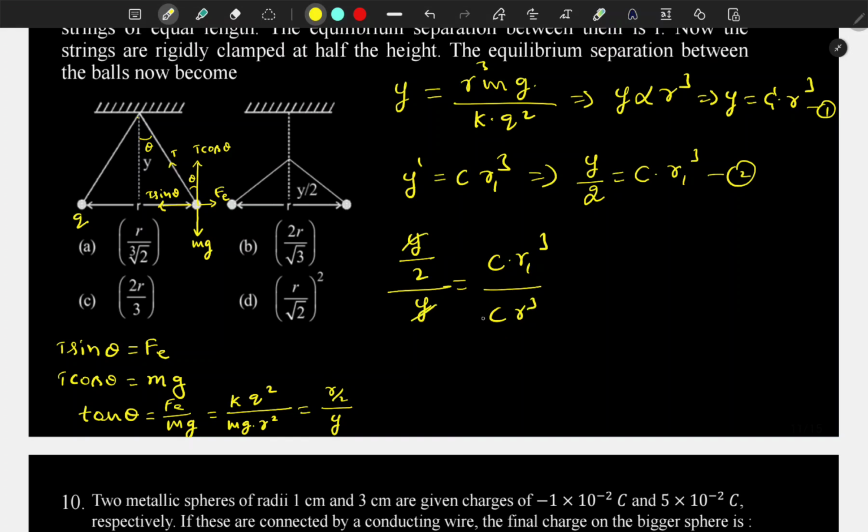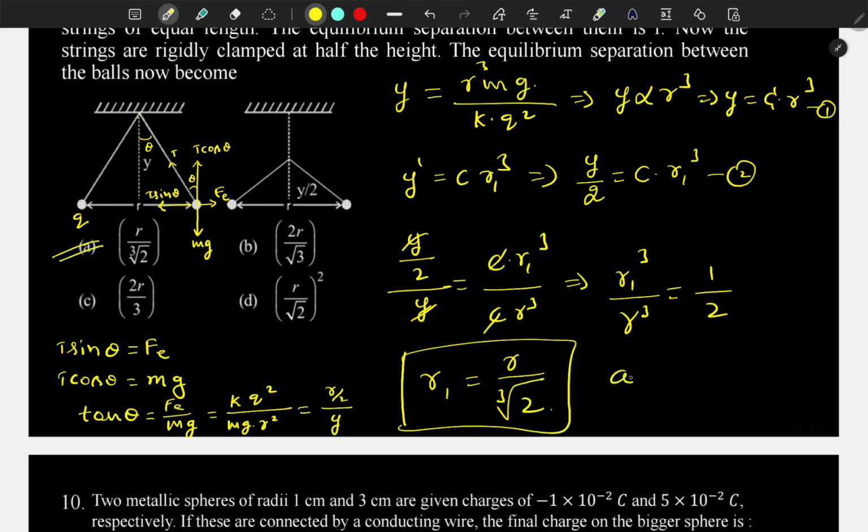So y gets cancelled, c gets cancelled. So r dash cube divided by r cube is equal to 1 by 2. Take cube root on both sides, you will get r dash is equal to r divided by cube root of 2. So which option is correct here? Option A is correct.